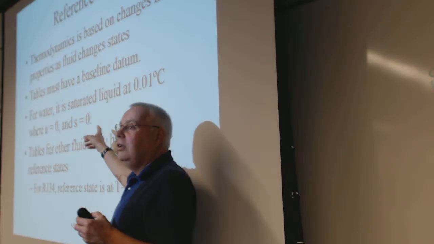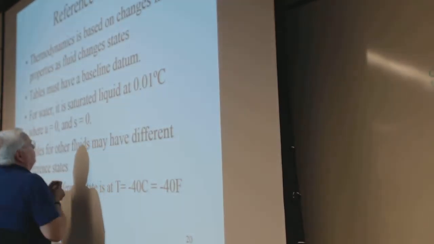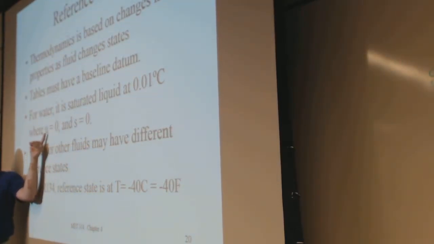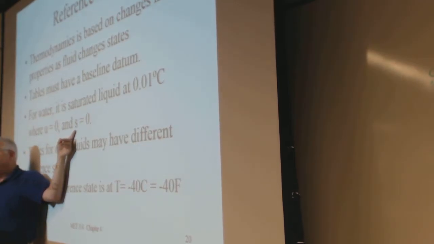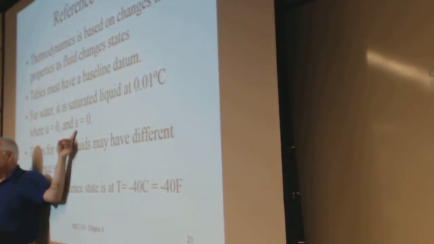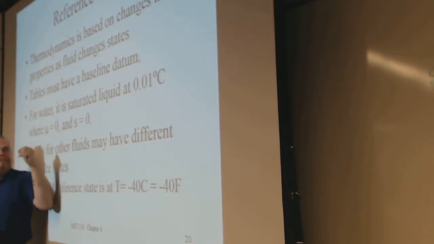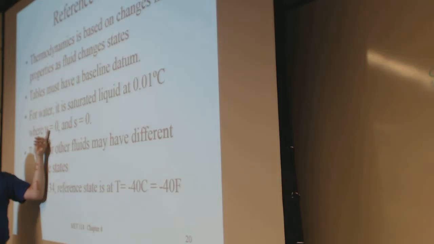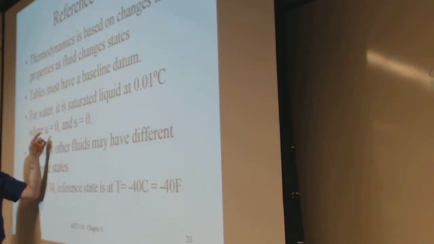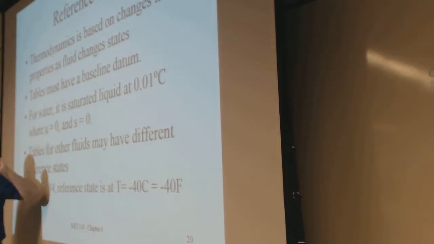What is U? Yeah, U is internal energy, and S is entropy, which you really haven't talked about. So that's what they build everything up from.